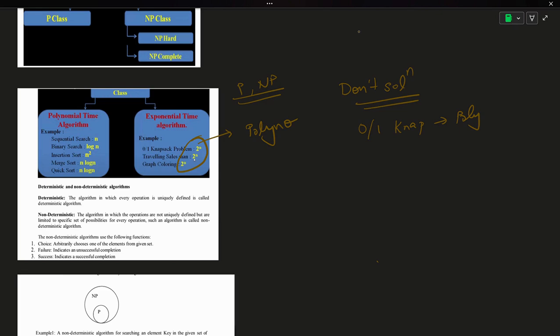And what do you mean by relation? Either you solve the problem or you relate it. And for relating the problem, we have to write non-deterministic algorithms. I'll be explaining how to write them.